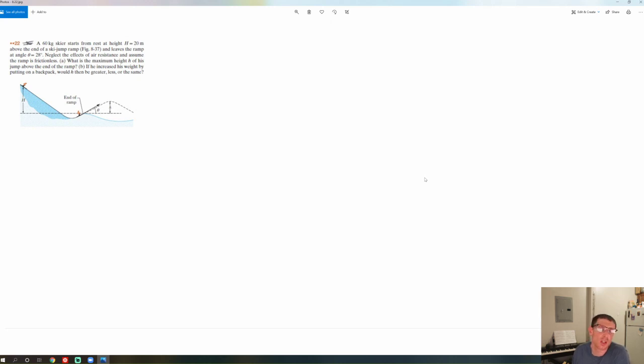And so this is just going to be conservation of energy, right? Now that I'm looking at this, I think it's also going to be trickier than I thought. Okay, let's just do this though. So writing down what we have, mass 60 kilograms.